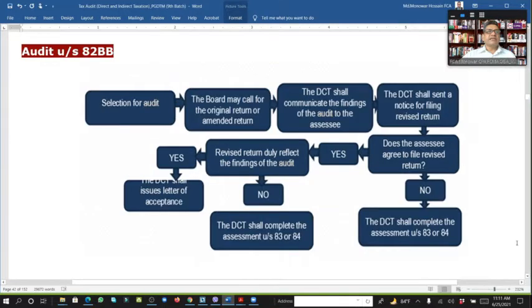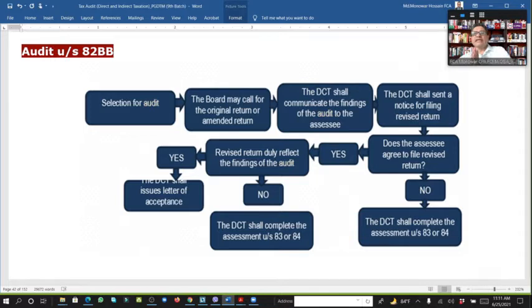And another thing, how the audit, that means selection of audit, is also under section 82B: the board or NBR calls for the original return for the amendment return. It goes to the DCT, and the DCT shall communicate the audit findings to the SSC, and shall send a notice to file a revised return.